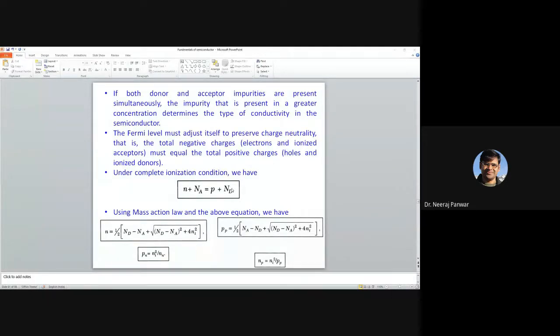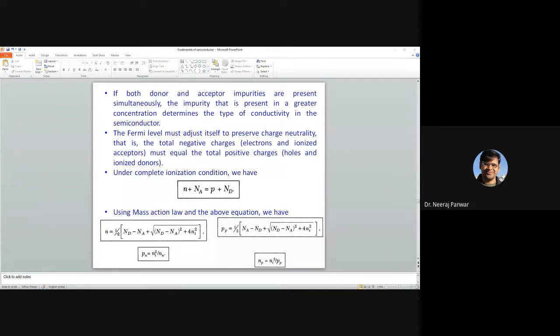So we can write n minus p is equal to Nd minus Na. And the other equation between n and p is n into p is equal to ni square. From these two equations, we can calculate n in terms of Nd and Na.